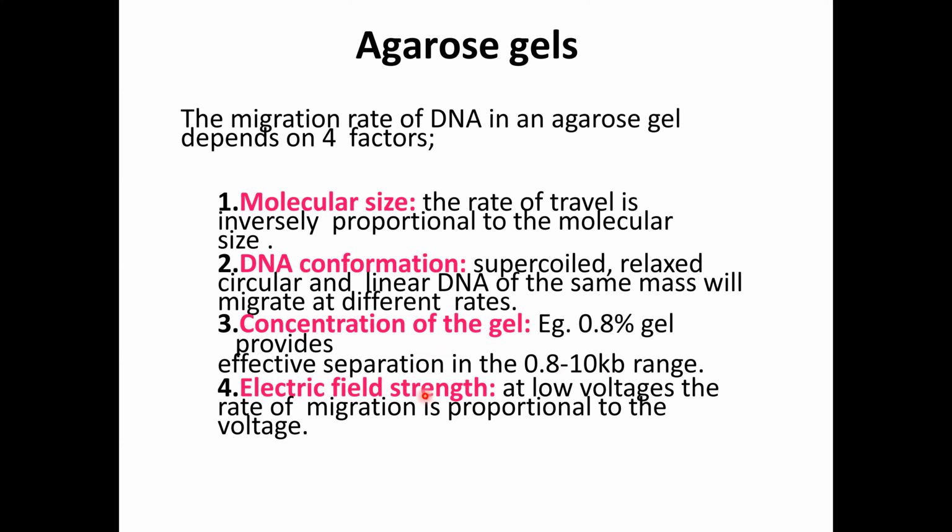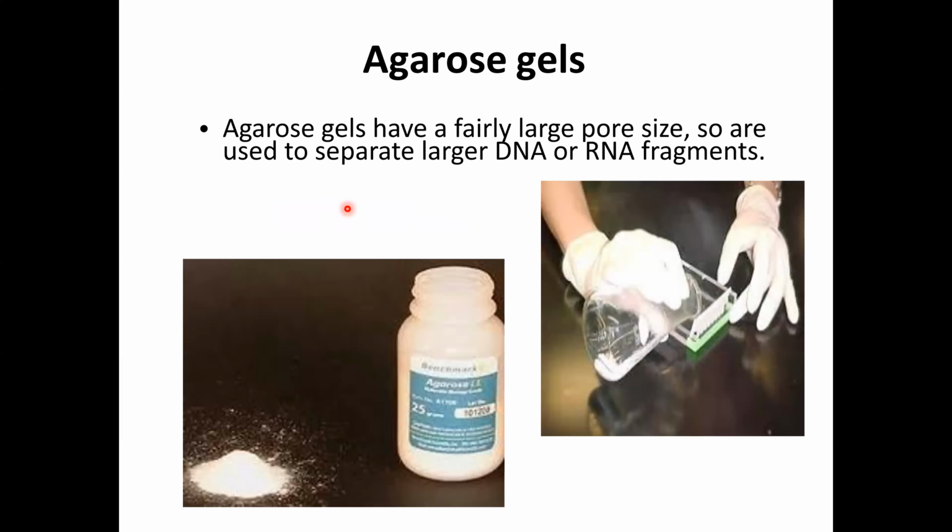Another factor is the electric field strength. Obviously, the rate of migration is proportional to the voltage, so if you use a very low voltage, the DNA will also travel very slowly. This is how you prepare the agarose gel.